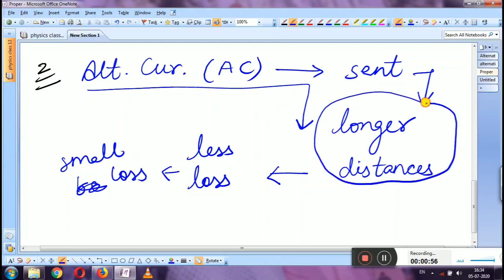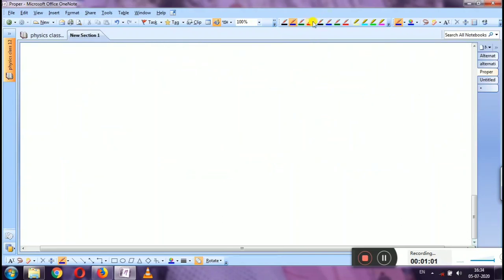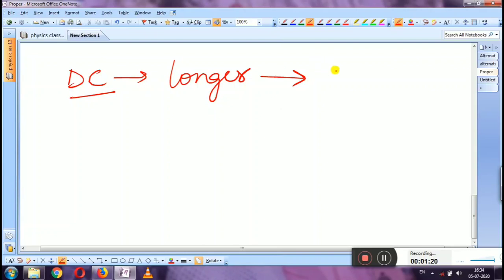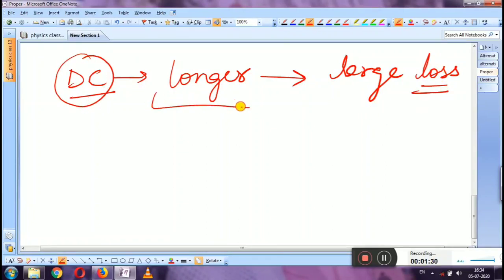This is the advantage of AC. If you are going to transmit DC for longer distances, or suppose you say to the same longer distance we are transmitting AC and DC both, then you can transmit, but you will see that in case of DC there will be large loss in transferring DC for longer distances.